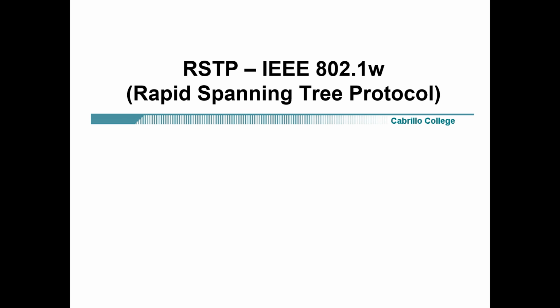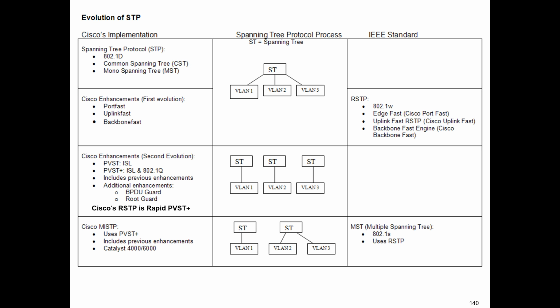Now let's go ahead and get into our rapid spanning tree, also known as RSTP or 802.1w. So the evolution of our STP, which we've already discussed, now we're moving into our rapid spanning tree protocol.